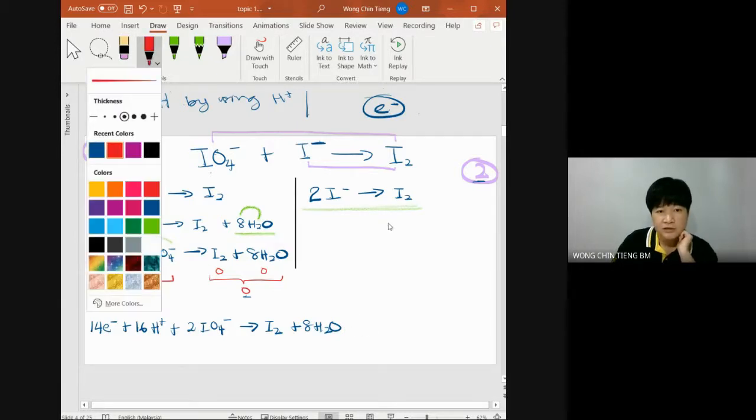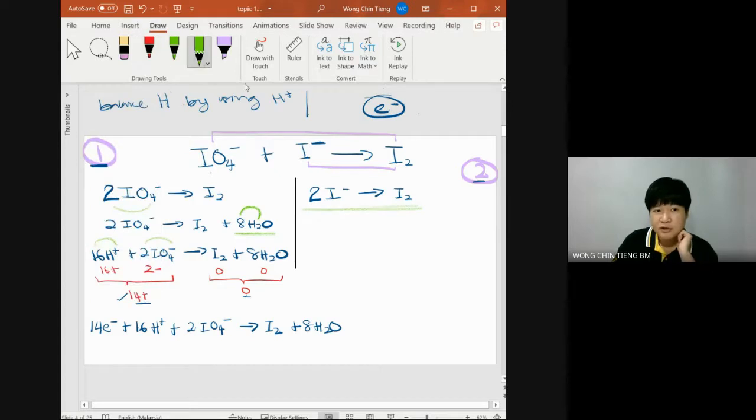And then on this one. Yang ni pun saya tunjuk. 2 minus. 2 times negative 1. 2 minus. I2, 0. Okay? And one of the reasons why I choose this adalah charge dia masih kosong. Kita tak bermain dengan positif negatif lagi. Kita bermain dulu dengan kosong. So 2 minus and 0.